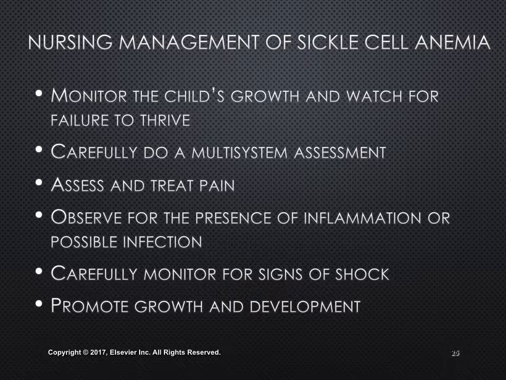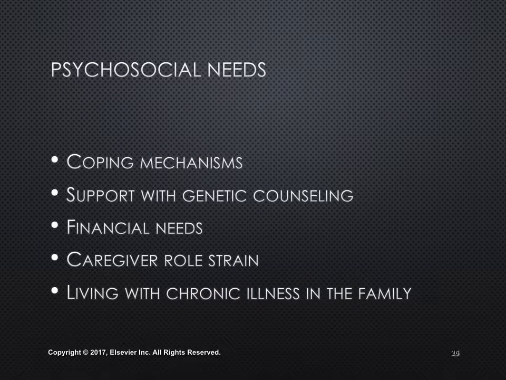We need to monitor the child's growth and watch for failure to thrive because, again, when you're hypoxic, you don't tend to grow as well. We need to carefully do a multi-system assessment and assess and treat pain. We need to observe for the presence of inflammation or possible infection, as that can make this sickling worse. We need to carefully monitor for signs of shock and promote growth and development.